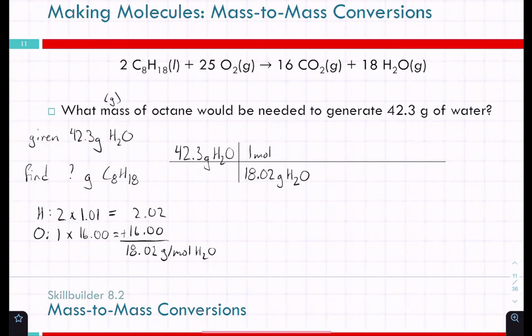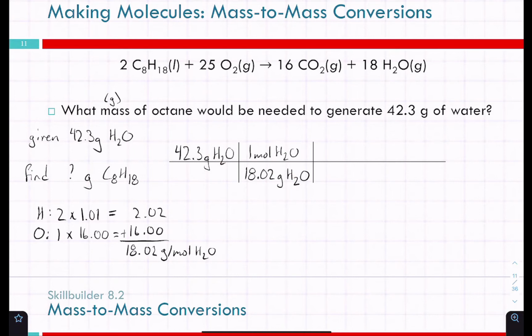And 1 mole of water on top. And the reason, just to reiterate this, that grams goes on the bottom is because grams is what we have in the previous step. So by putting it on the bottom, those units cancel out and give us the new units that we put on top. Cool, so now we've got moles of water.